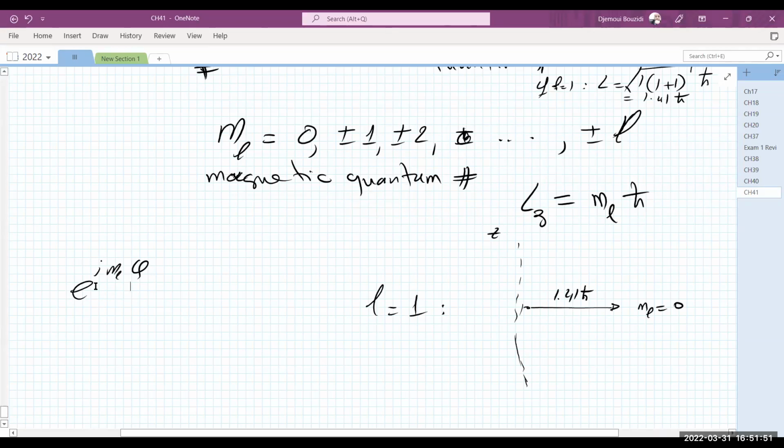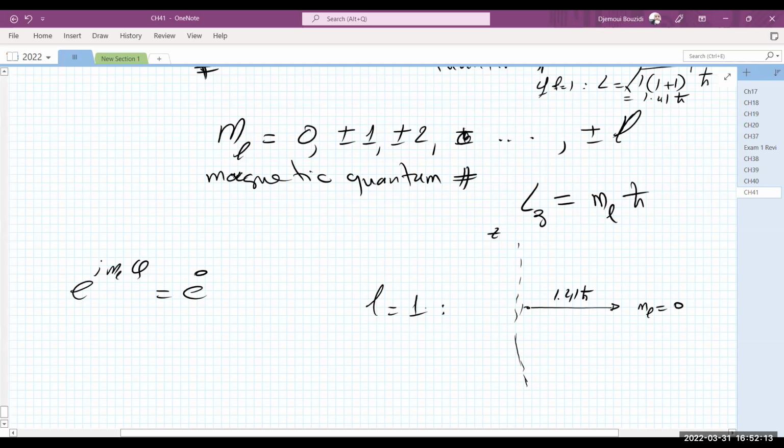But phi, as far as concerned, because you have cosine of 0, which is 1, sine of 0, which is 0, but that's a combination of the two. So e to the 0 is 1. So this is going to be 1. So whatever normalization factor is going to go there, and that's it. So it doesn't depend on phi.